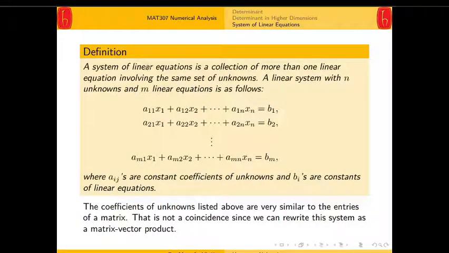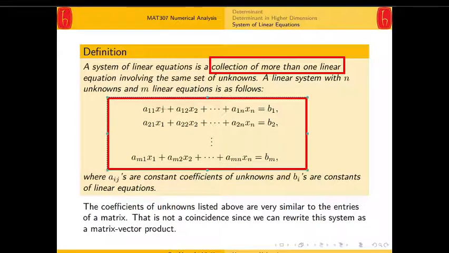A system of linear equations is a collection of more than one linear equation. We have given the definition for a linear equation, but a system of linear equations is the collection of more than one equation. It is like this one here.